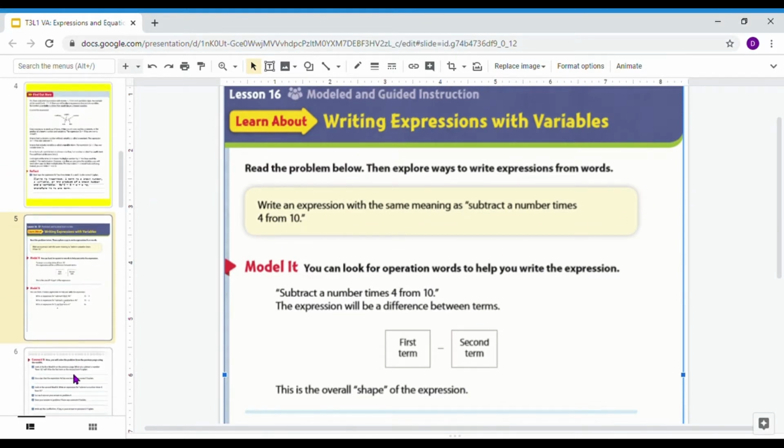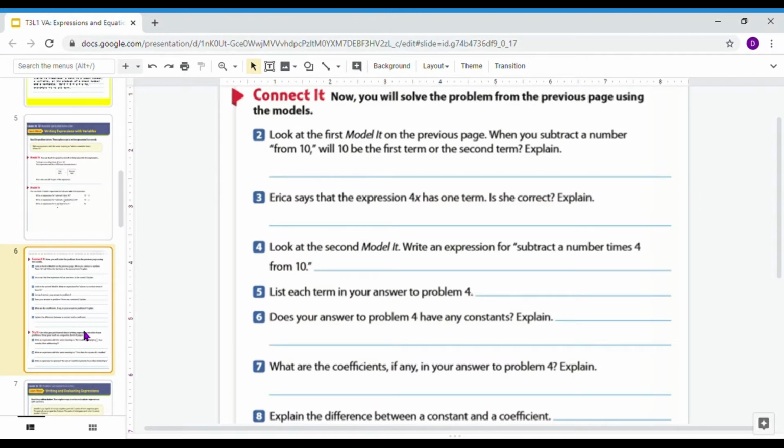So let's move on to connecting it. And this one, you might have to be really looking into your remote learning book and using both pages, because I can't show both pages at the same time. So it says, look at the first model on the previous page. When you subtract a number from 10, will 10 be the first term or the second term? Explain.